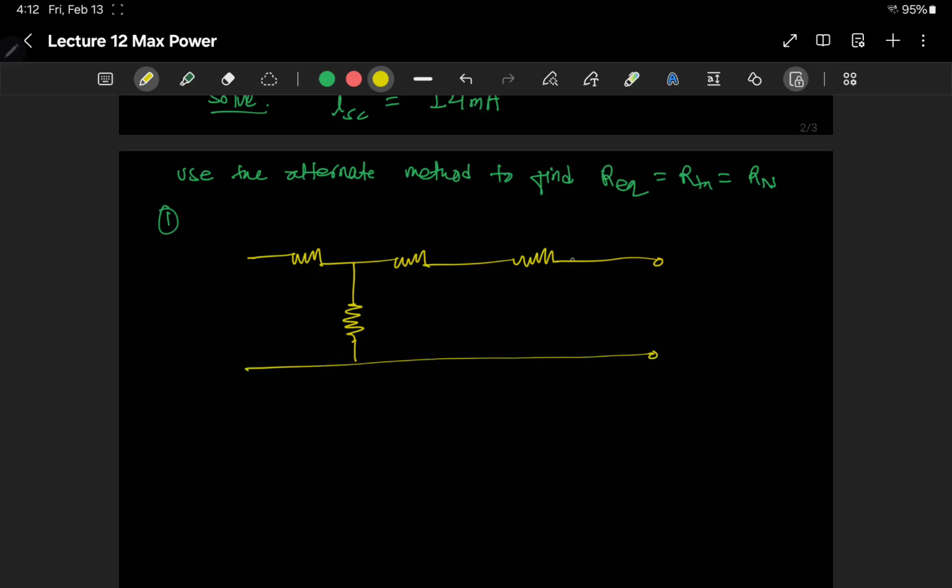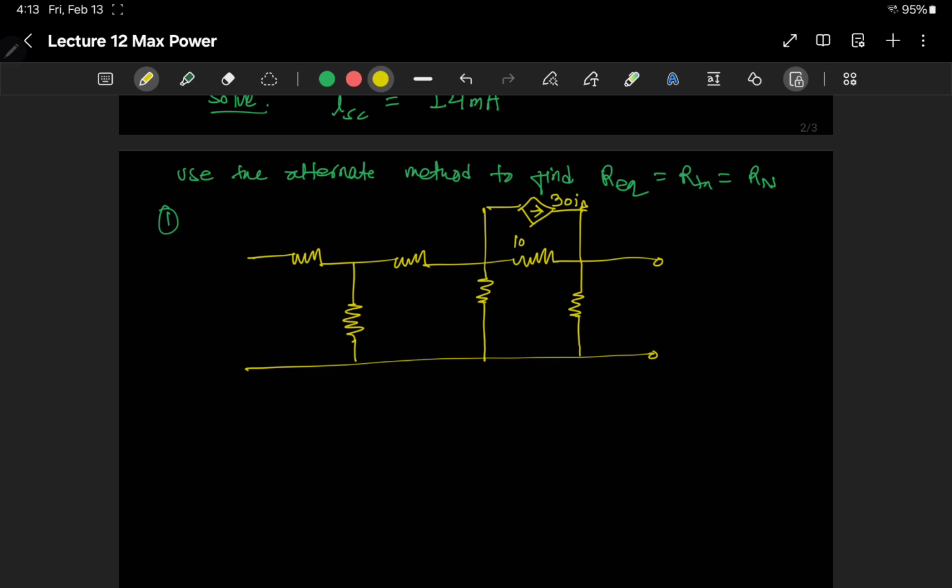So this was our input, and across this one we had the current controlled current source 30 I delta, right?